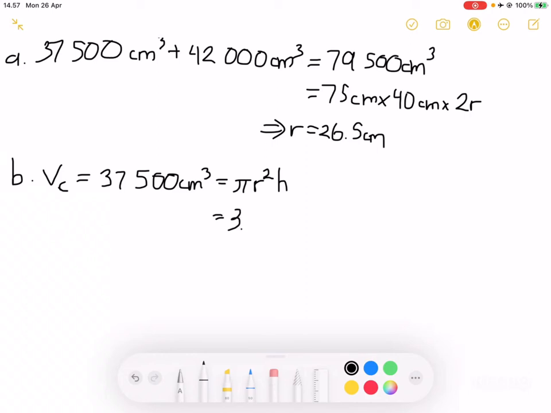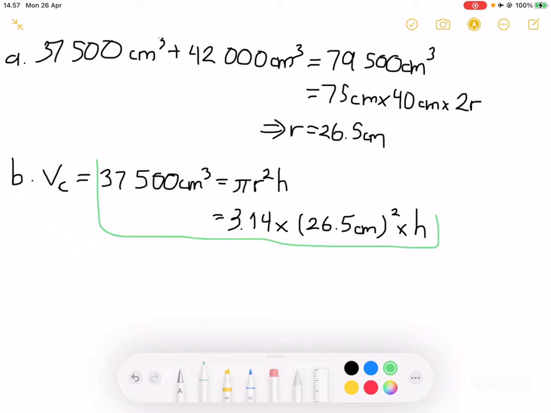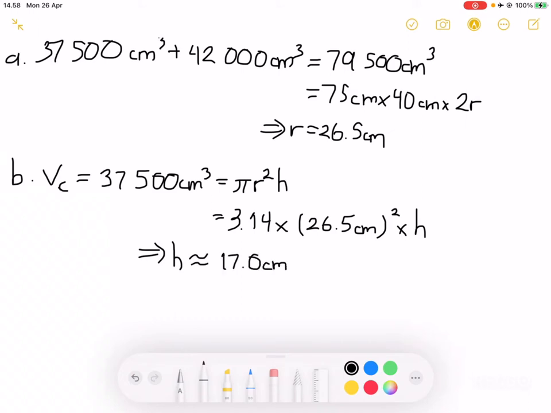Now taking pi to be 3.14 and substituting r into the equation, we'll arrive at h. So again, we have a nice equation, this time in terms of h. And solving that, you will get that h is approximately 17.0 centimeters, correct to 3 significant figures.